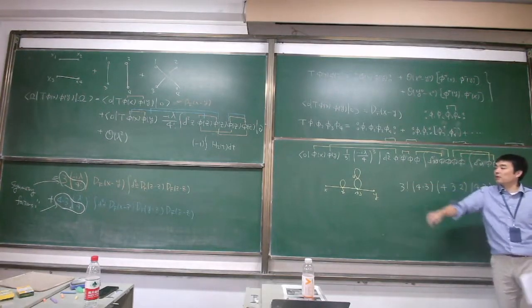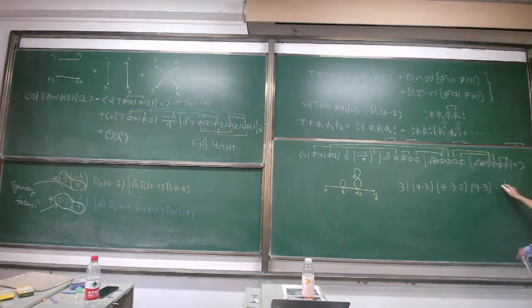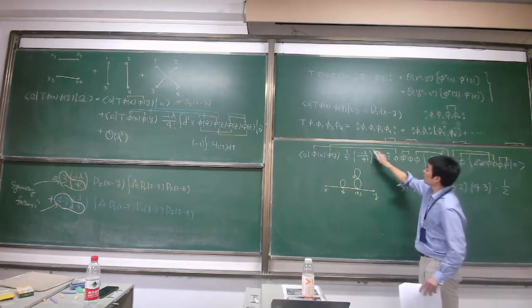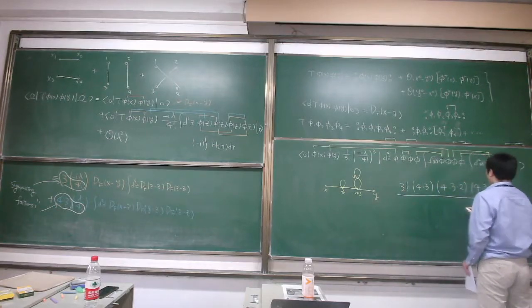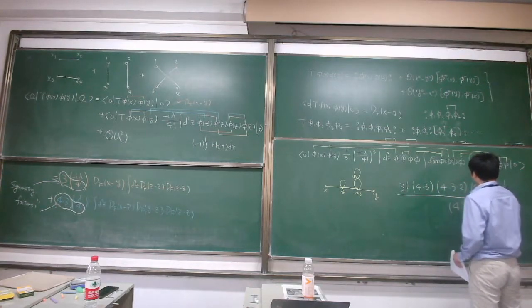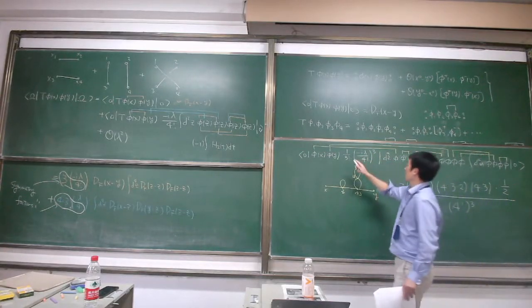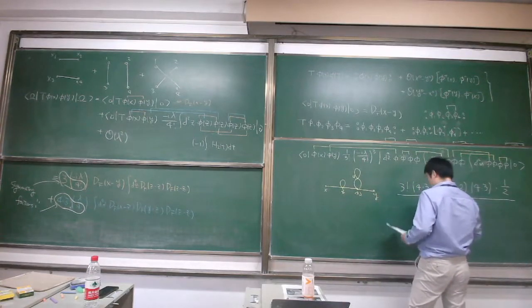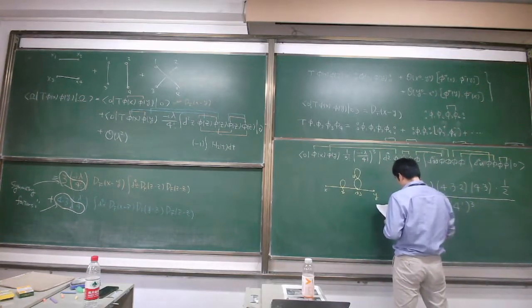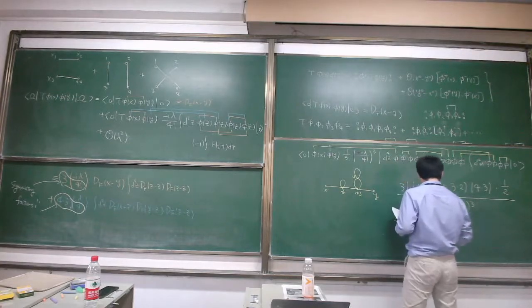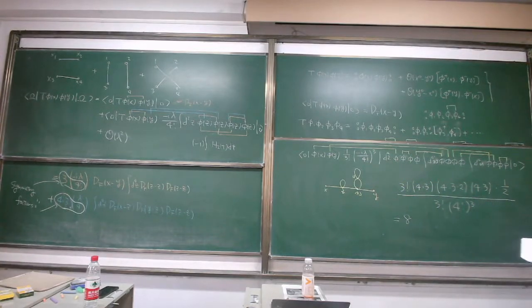That will give you the same diagram. So therefore you have to divide by 2. Okay, so that's the symmetry factor, and then you have 4 factorial to the cube. That's the symmetry factor. Sorry, and also 1 over 3 factorial here, and that will give you 8.